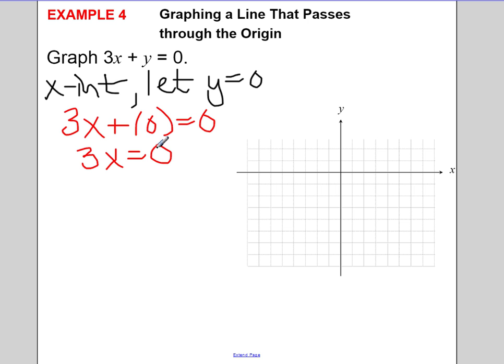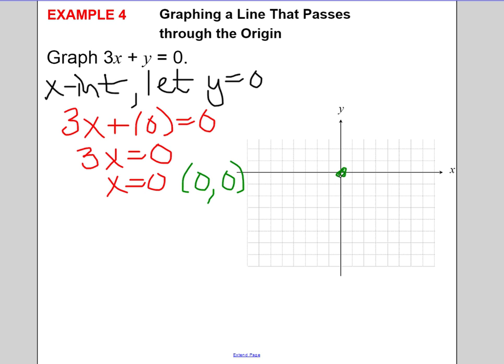Dividing by 3 on both sides, we get x equals 0. So this corresponds to the point when x is equal to 0, y is equal to 0. So the x-intercept is actually this point that's at the origin.